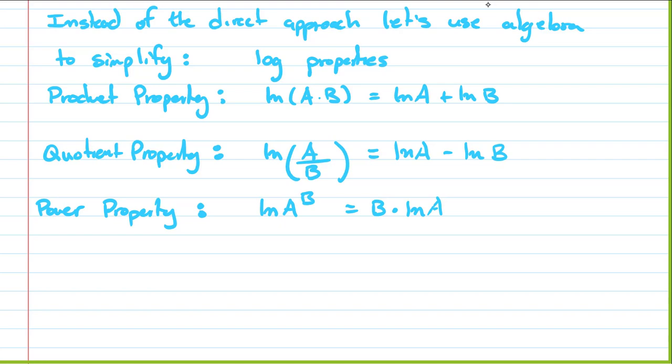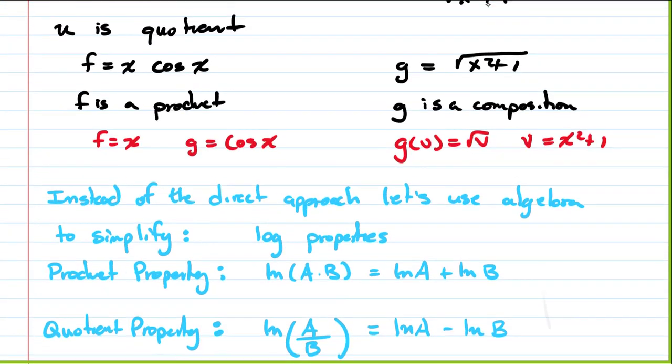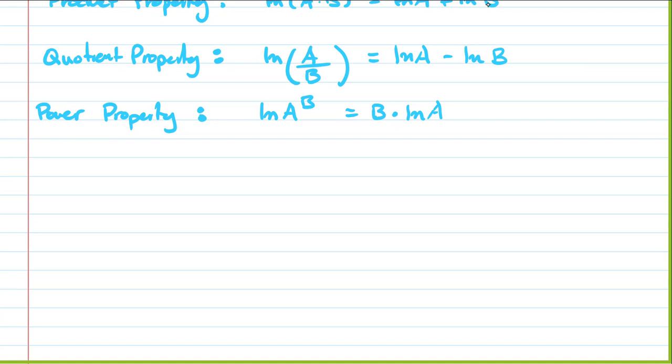Not 100% of the time, but when we take a look at our example, we'll see exactly how much work this will save us. So we have y equals the natural logarithm of x cos x over the square root of x squared plus 1. The first rule we want to use is our quotient property.